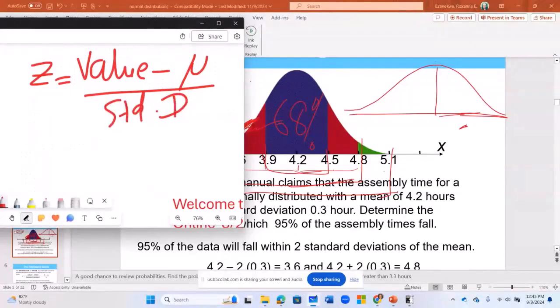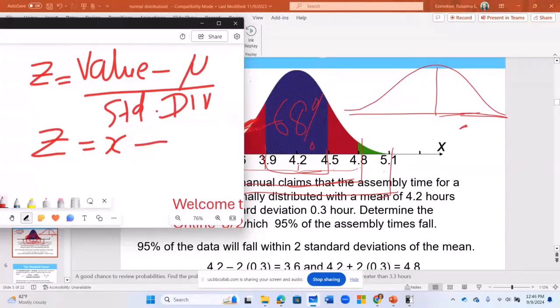So this is the formula. I'm just going to write deviation here. Okay, so I want to change this value to x. So z is equal to x.